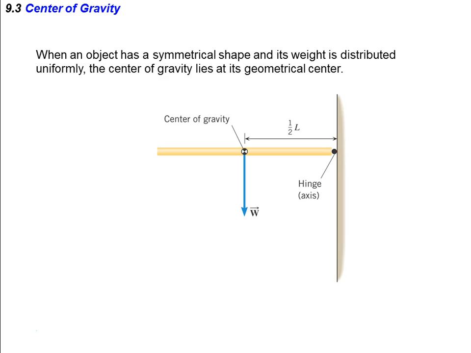When an object has a symmetrical shape, its weight is distributed uniformly throughout the shape. That means the center of gravity will be located at the geometrical center.